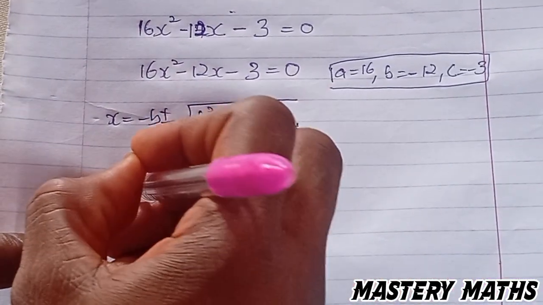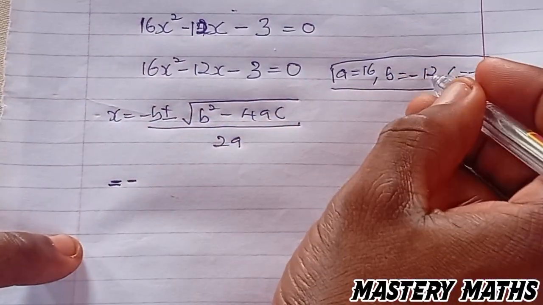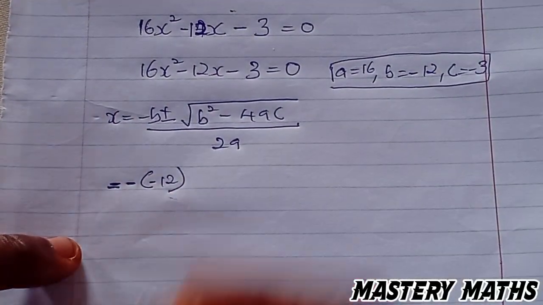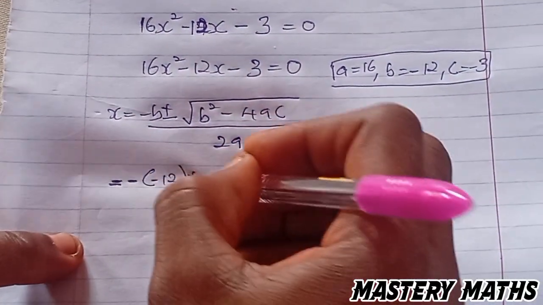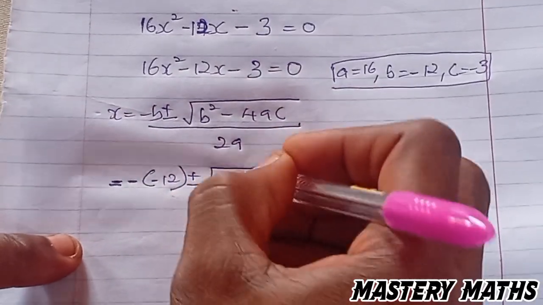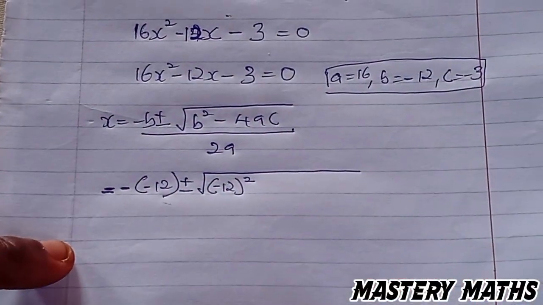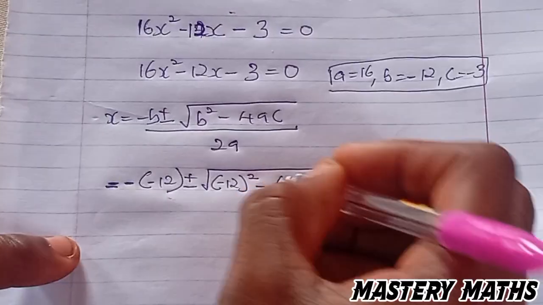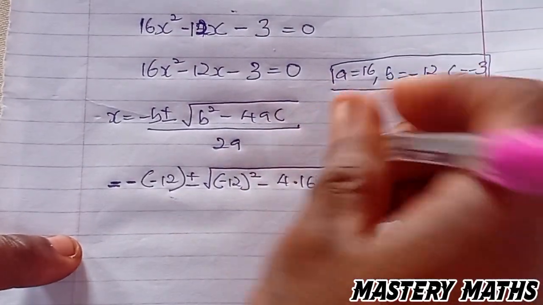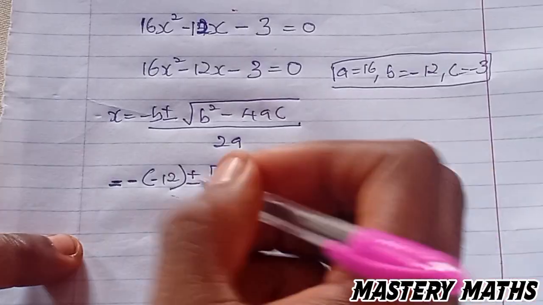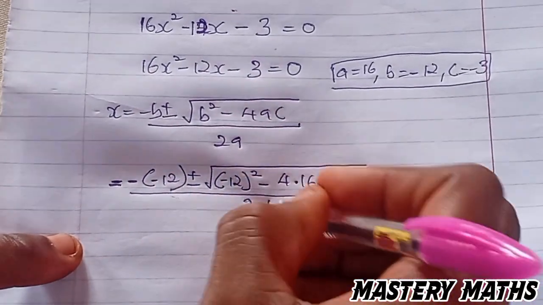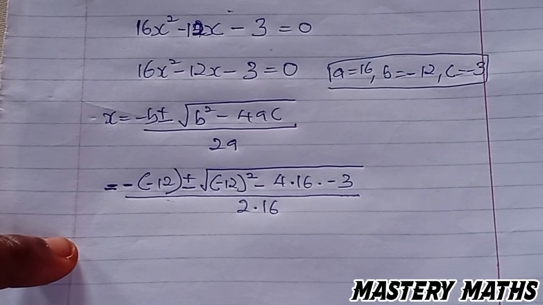Then you have x equal to minus, the b is minus 12 already, plus or minus the square root of b squared, which is minus 12 squared, then minus 4 times your a, which is 16, times your c, which is minus 3, then all over 2 times 16, which is the a.